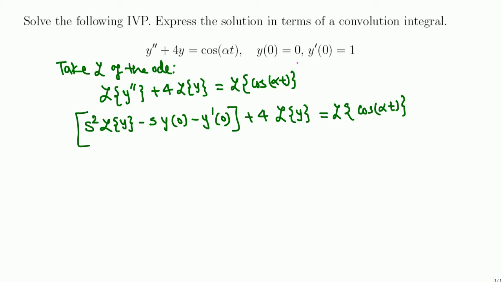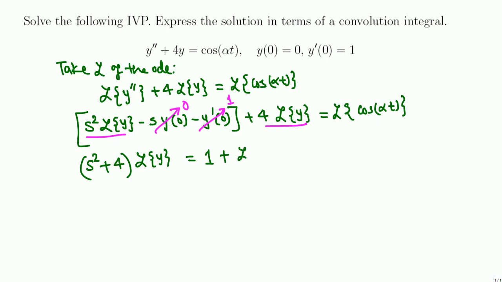And let's use the initial conditions. y0 is 0, so this is 0, y prime 0 is 1, and from these two we factor L of y out, so s squared plus 4 times Laplace of y, this is negative 1, move that over, so that becomes plus 1, so 1 plus Laplace of cosine alpha t.